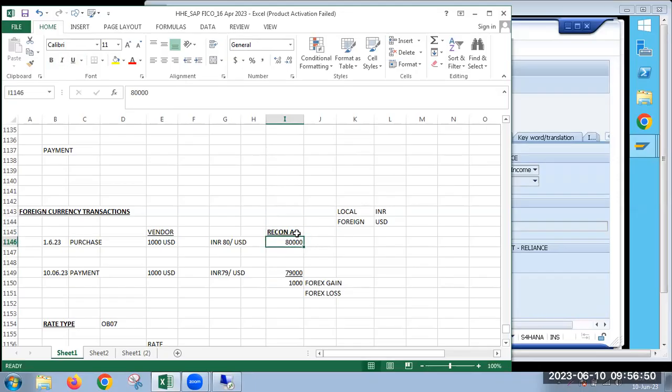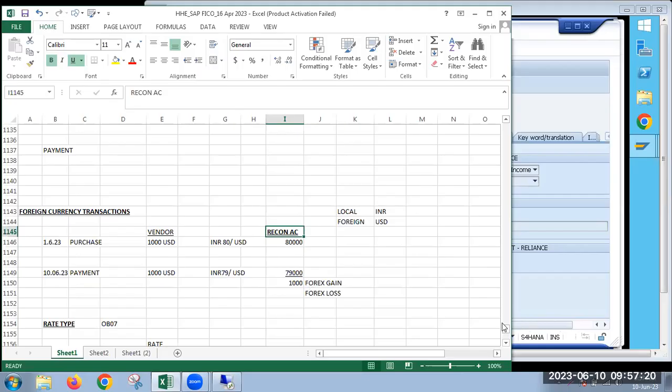So in the reconciliation account, we will identify the difference. A difference identified at this account will be considered as forex gain or loss. So it will be an open GL in our case, the reconciliation account where we identify the payment difference, to be treated or posted as forex loss or gain amount.